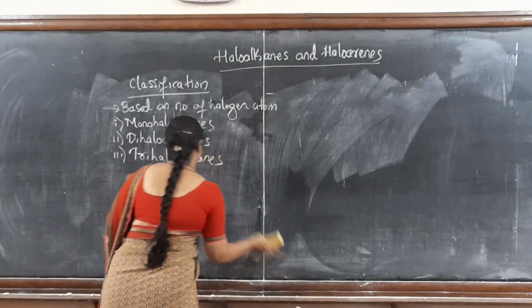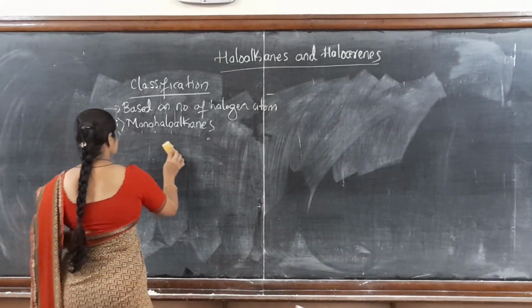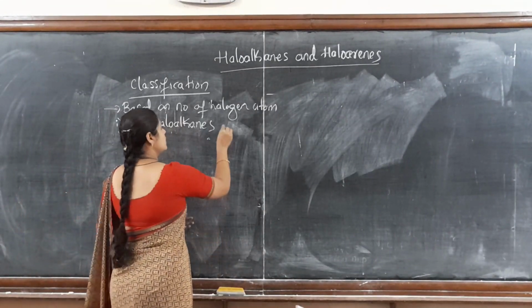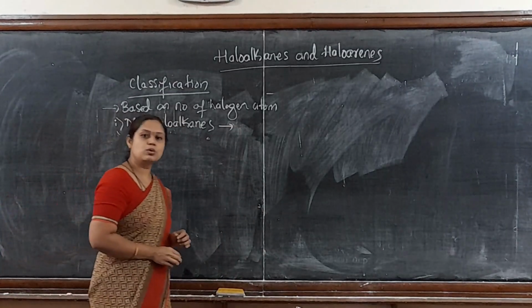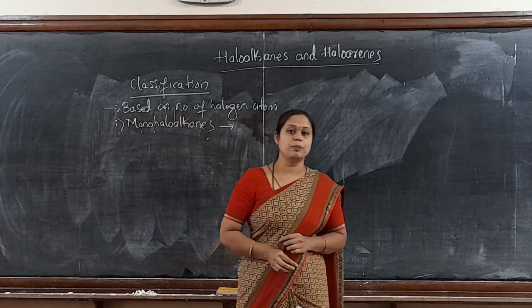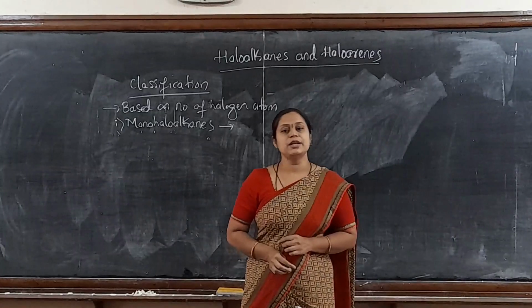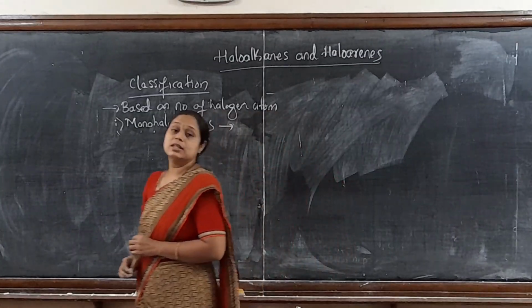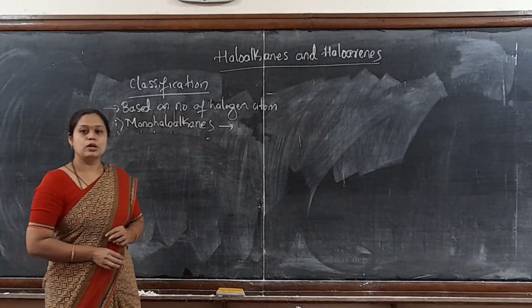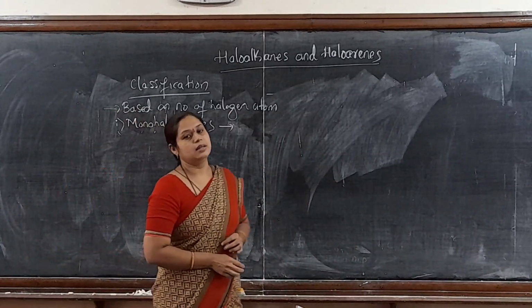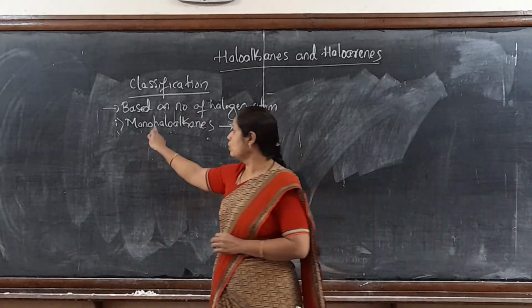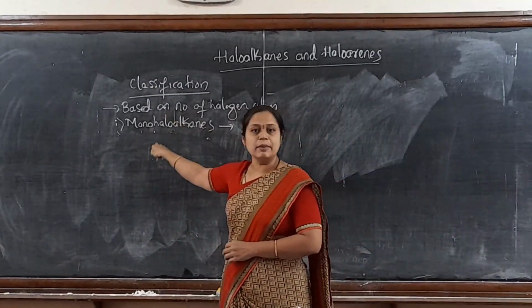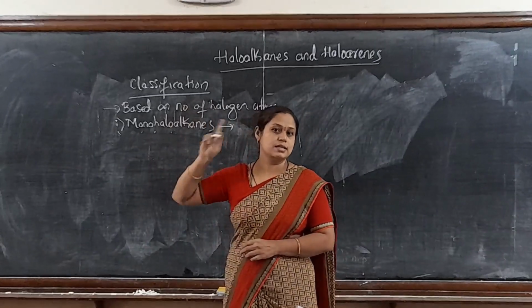We'll see one by one. First we'll see the monohaloalkanes. These monohaloalkanes are obtained by the replacement of one hydrogen atom in each molecule of an alkane by a halogen. The name itself suggests mono, a single.